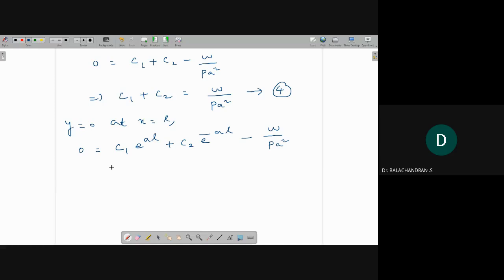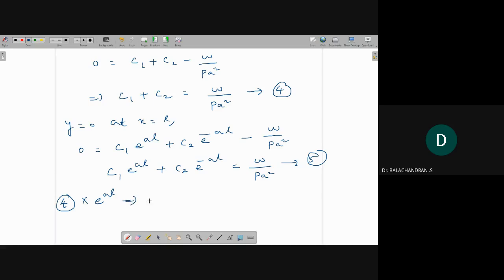So from this we have C1 e power AL plus C2 e power minus AL equal to omega by p a square. We call this equation 5. So now from these two equations, we will try to find C1 and C2. So multiply the first equation, or sorry, the fourth equation by e power AL.